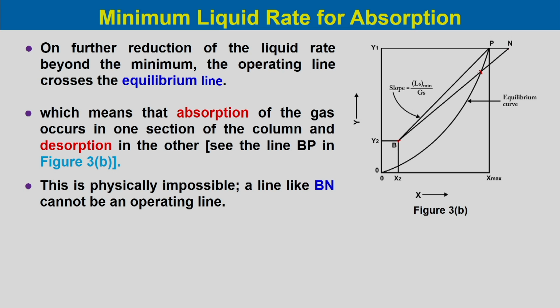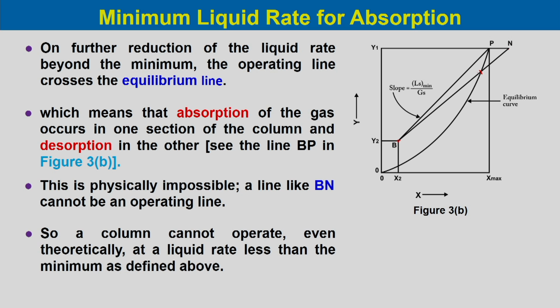So, this is physically impossible, and hence this cannot be an operating line. A column cannot operate even theoretically at a liquid rate less than the minimum defined above. So, the minimum liquid rate is required, which touches the equilibrium curve. An absorber cannot operate below this liquid rate.